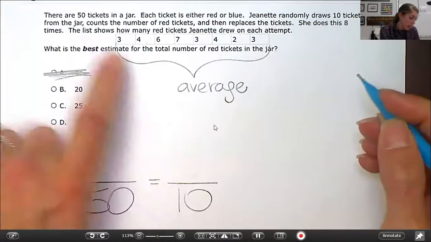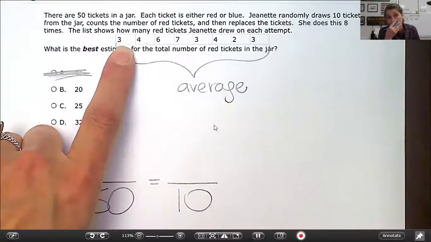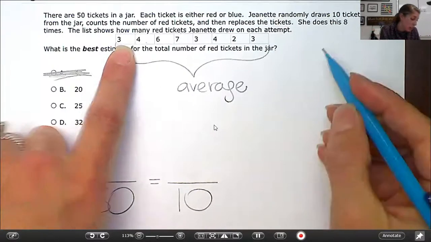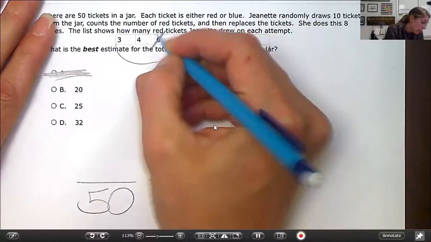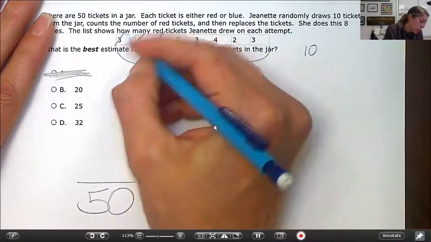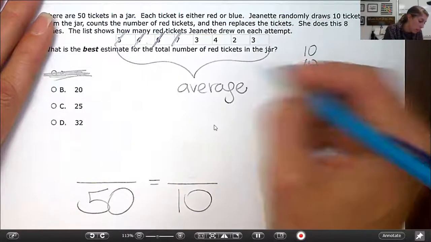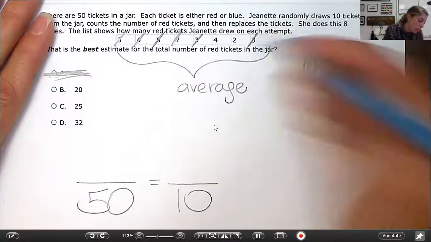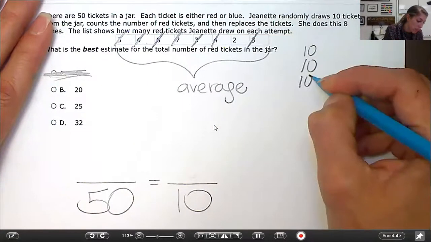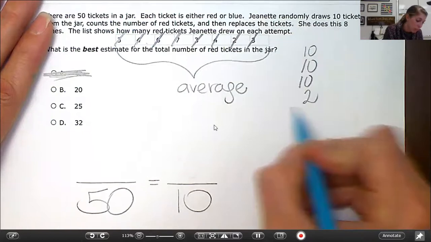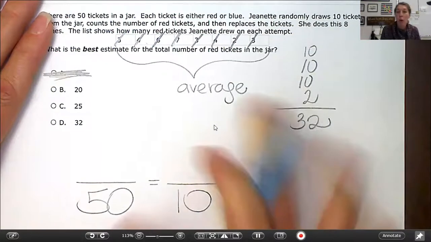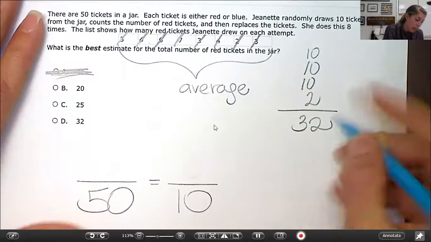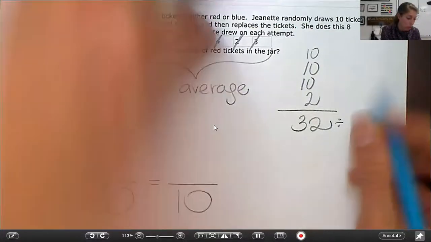So actually, I'm going to show you a cool mental math trick instead of adding all these individually in the calculator. I see 6 and 4, which make 10. I see 3 and 7 make 10. 3 and 3 make 6, plus 4 makes 10, plus 2. So I have 32 total, and then divide by the 8 times she did that.